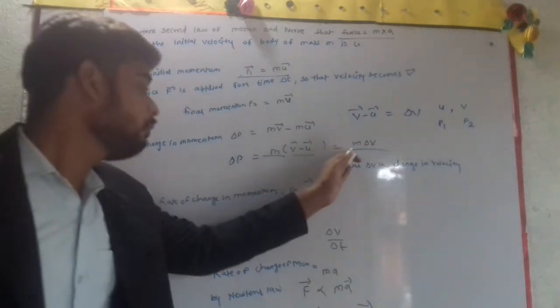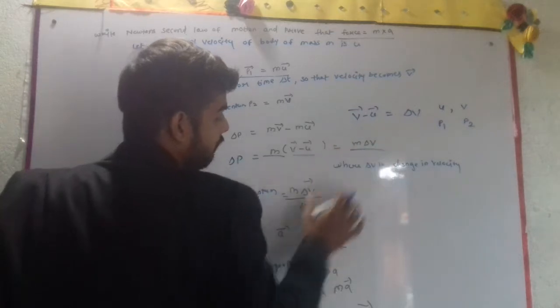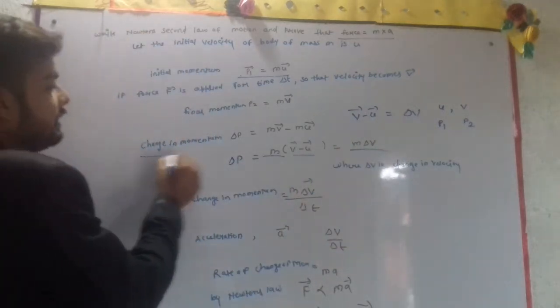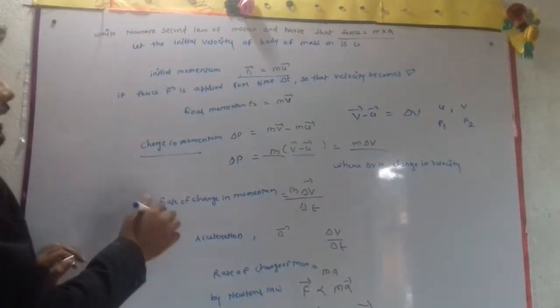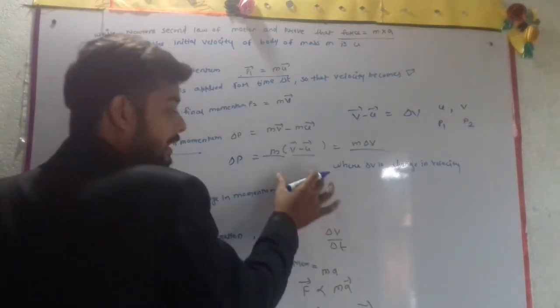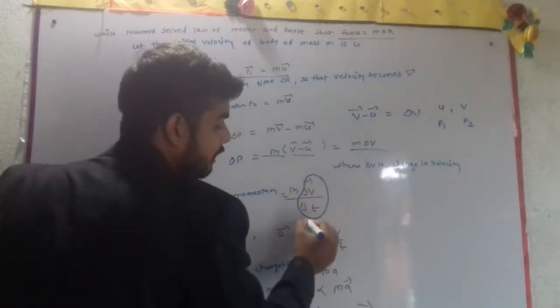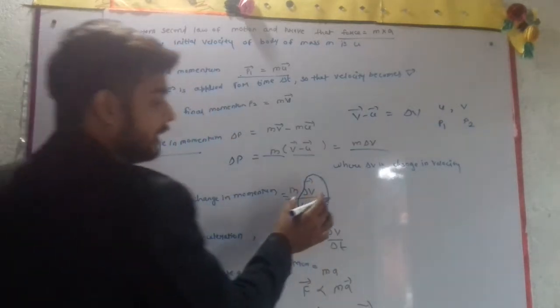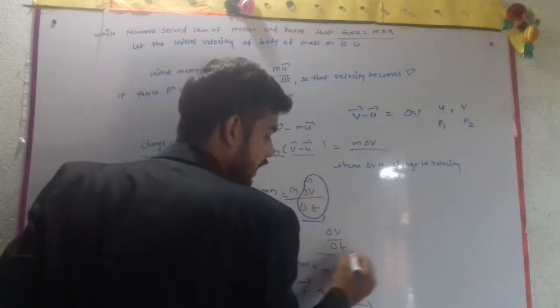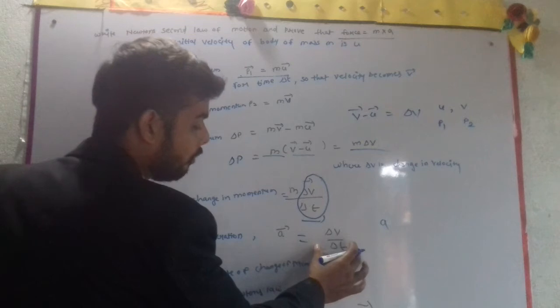So the rate of change of momentum is m del v upon del t. We divide the change in momentum with respect to time, del t. But we know that del v upon del t, the change in velocity with respect to time, is known as acceleration. So acceleration equals del v upon del t.